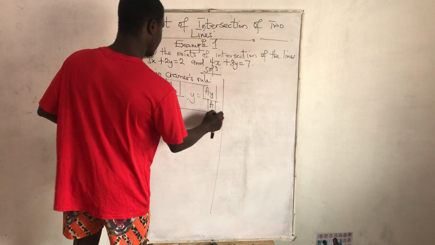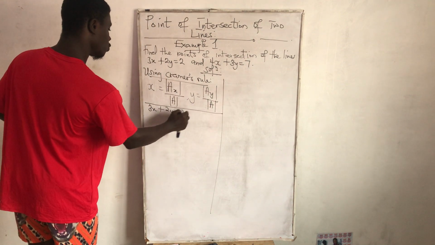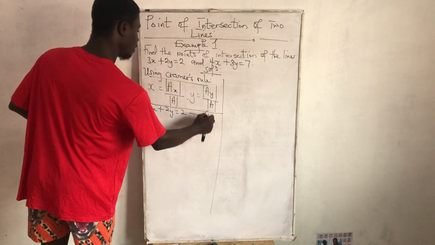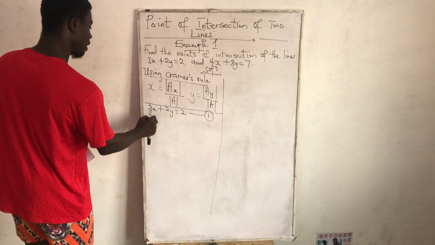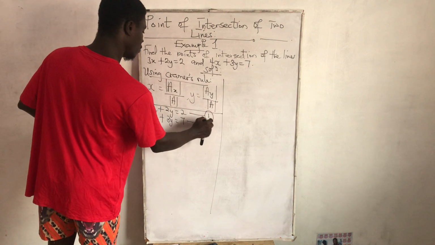So now let's see. We have 3x plus 2y equals 2, which is equation 1, then we have 4x plus 3y equals 7, which is equation 2.